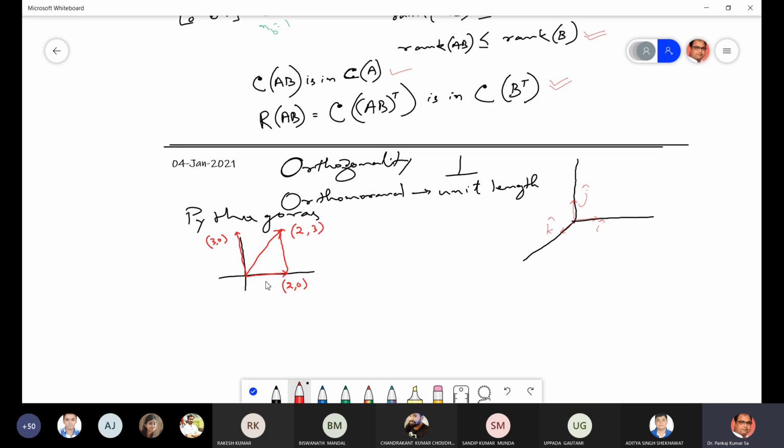The length here, the vector length is 2, the vector length is 3. And what is this length? 2 square plus 3 square is equal to 13.